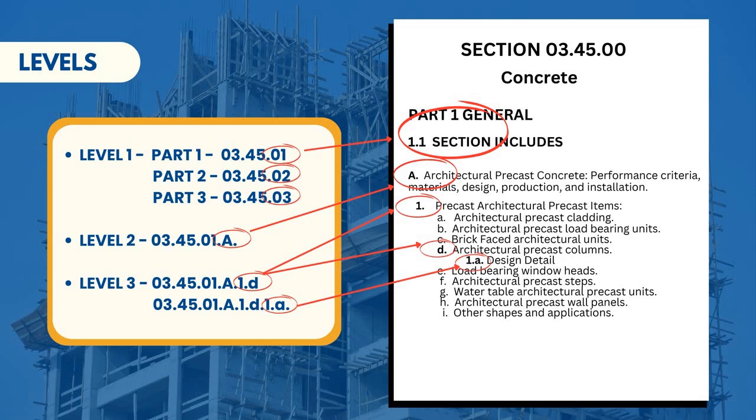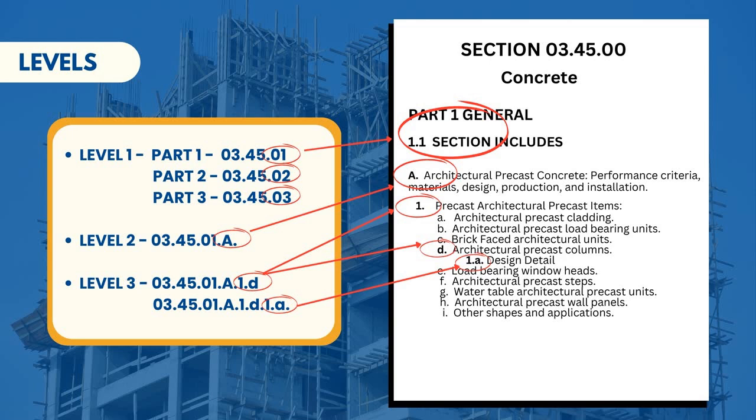We look at Specification Section 03 Concrete .45 Architectural Concrete. And then we go into Part 1, Part 2, and Part 3, and recognize that when we go into Part 1, general information about architectural precast items, we have found the information that we need under 1.1A1D, architectural precast columns, 1A, design detail.